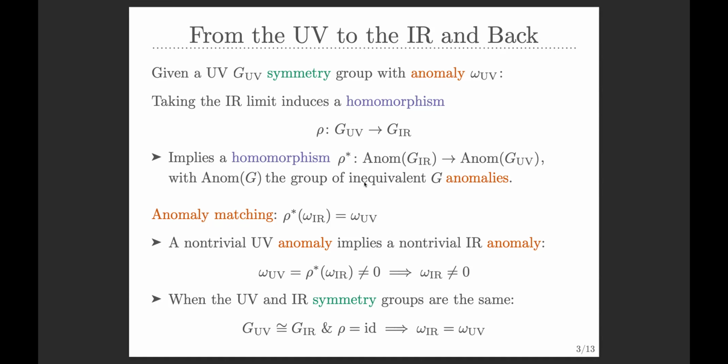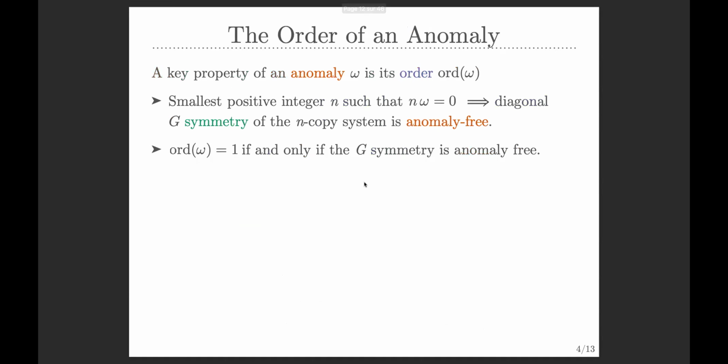Okay, good. So one more piece of background I want to talk about with anomalies for invertible zero-form symmetries is this notion of an anomaly's order. The order of an anomaly is the smallest integer n such that n times omega, in this additive notation of the abelian group of anomalies, is 0.